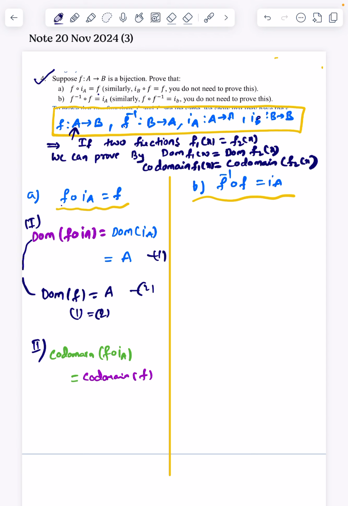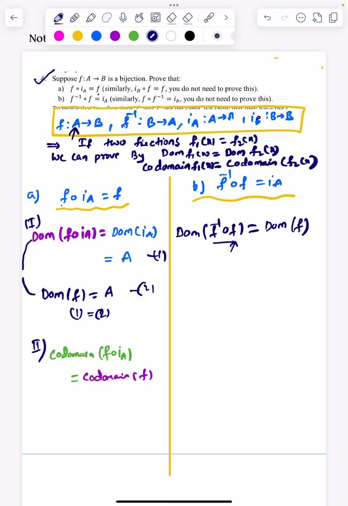Similarly, on this side, the B part, I am proving f inverse circle f. First I prove the domain of f inverse circle f. What is the domain of a composite function? It is the domain of the second function. So the second function here is f, and its domain is the domain of f.